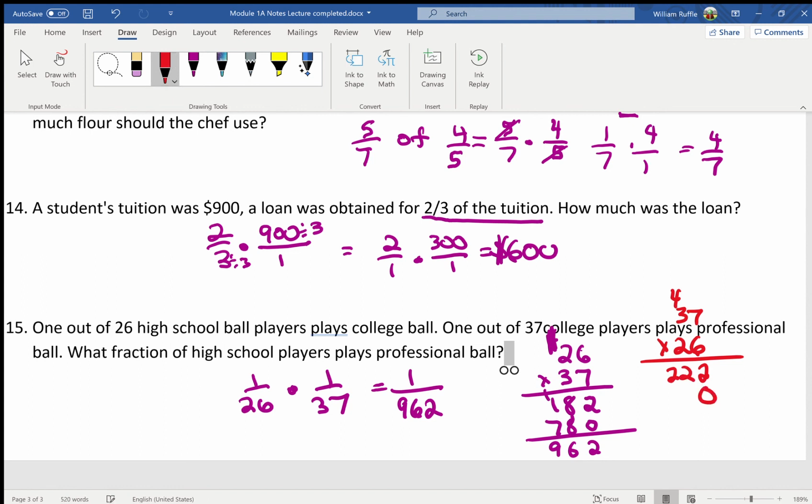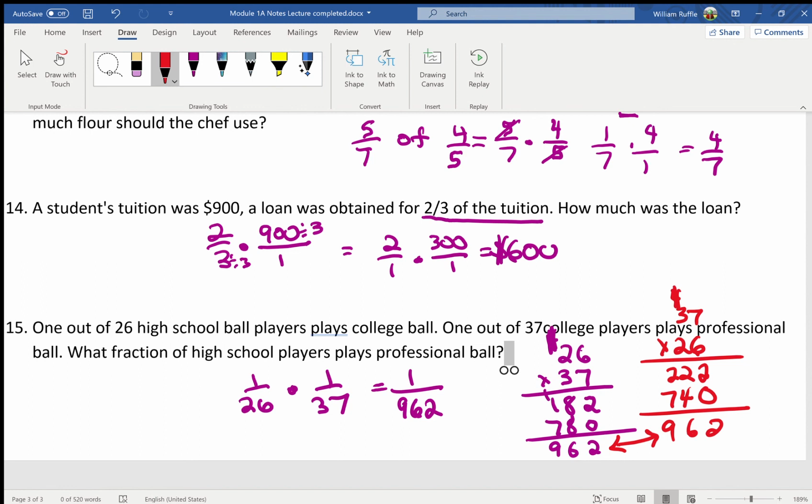I put the 0 here. 2 times 7 is 14, so 4, carry the 1. 2 times 3 is 6 plus 1 is 7. 2 plus 0 is 2. 2 plus 4 is 6. 7 is 9. And I get the same answer either way. So it's slightly different, but I did want to show you both ways to give you a little extra practice.